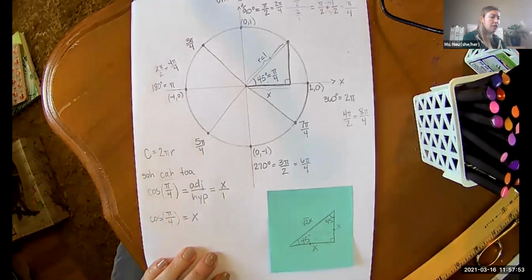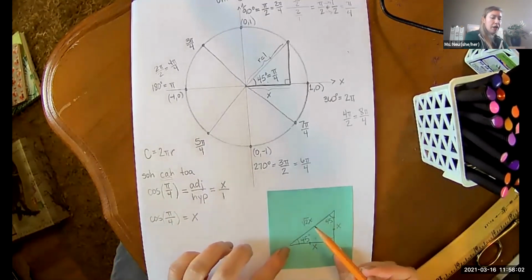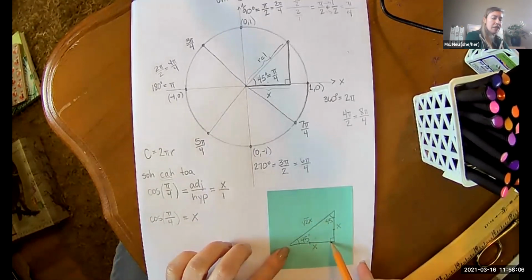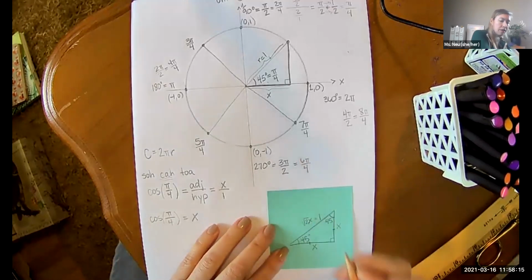All right, let's figure out how far that is. Now, I know from special triangles that if this length is x, then my hypotenuse is the square root of 2 times x. And I know that my hypotenuse on my triangle is just 1.